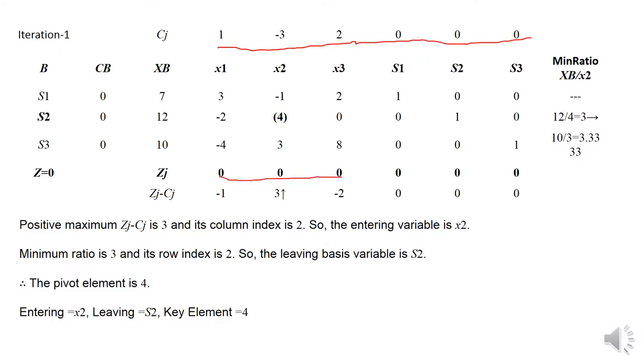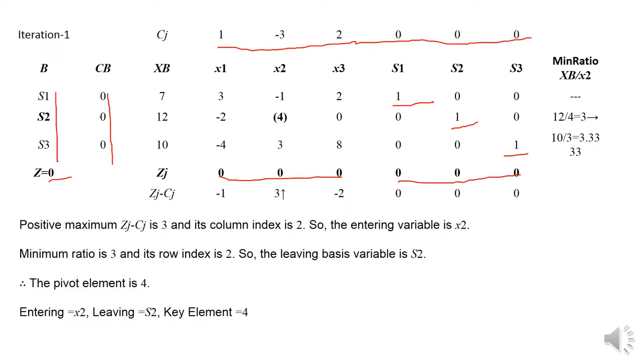So we get s1, s2, s3 from the first equation, second equation and third equation, because we have kept x1, x2, x3 as 0 in the constraints, and the z value is coming 0 because x1, x2, x3, s1, s2, s3 are 0 except the slack values, so z value is 0.